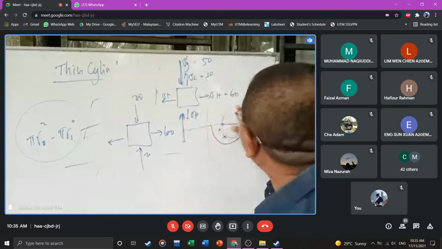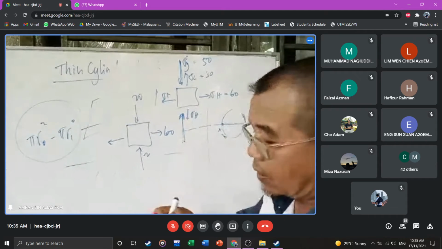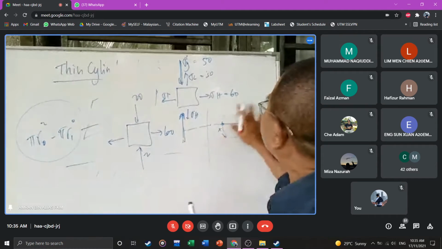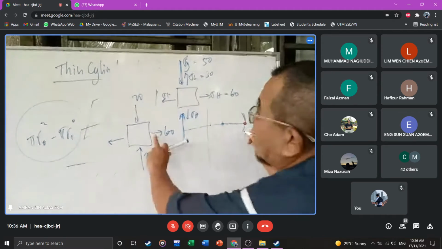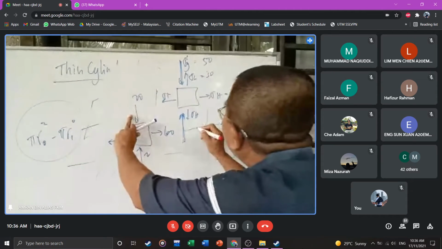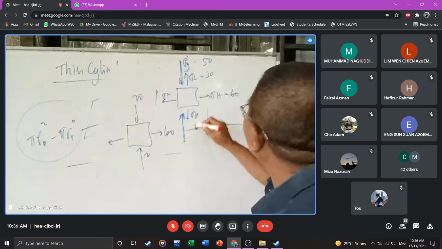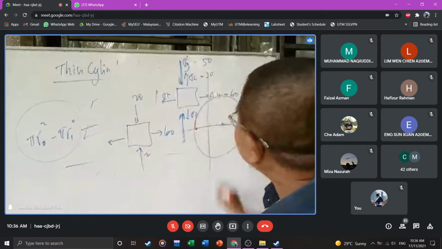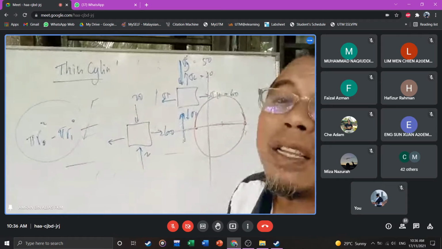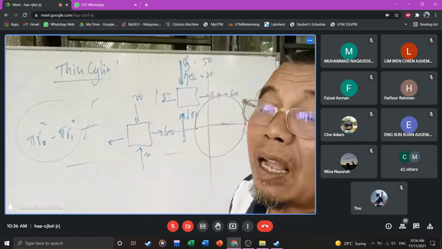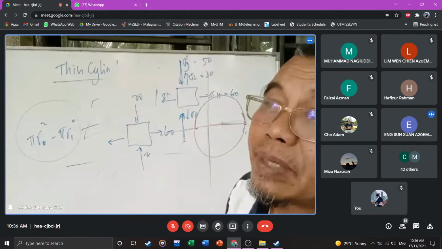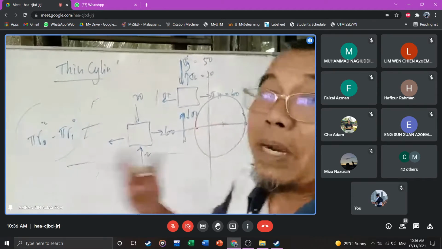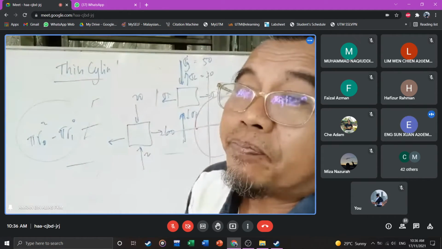How do you draw the Mohr circle? 60 there, 0, and then minus 20 there, 0. You got the Mohr circle there. So this is the axis. Are you with me, guys? Yes. Seems simple.